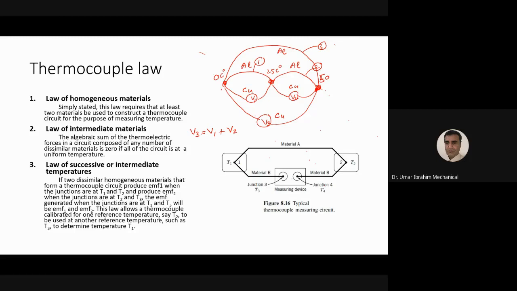This law allows a thermocouple calibrated for one reference temperature, say T2, to be used at another reference temperature such as T3 to determine intermediate temperature T1.